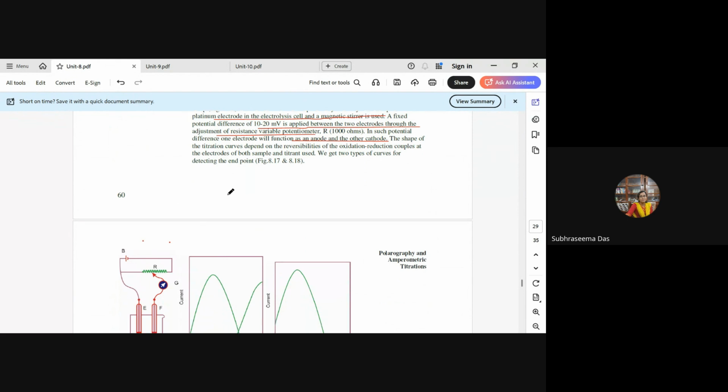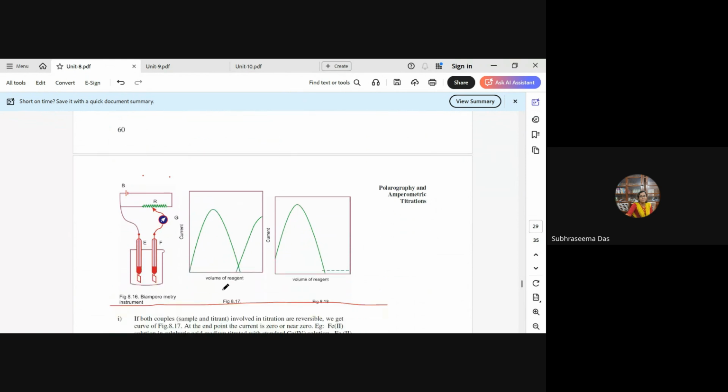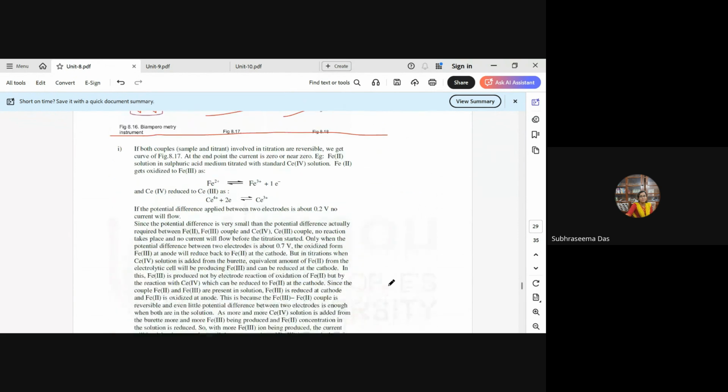The shape of the titration curve depends on the reversibilities of the oxidation reduction couples at the electrodes. Two types of curves detecting the endpoints have been shown, 8.17 and 8.18. If both couples involved in titration are reversible, we get the curve of figure 8.17.